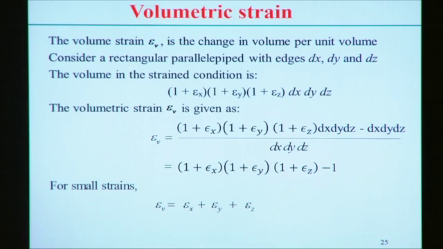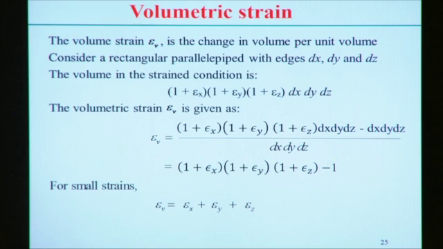Now the overall volumetric strain due to the change of volume can be calculated as EV equal to the final volume minus the initial volume, divided by the initial volume, which is (1 plus epsilon x)(1 plus epsilon y)(1 plus epsilon z) minus 1.